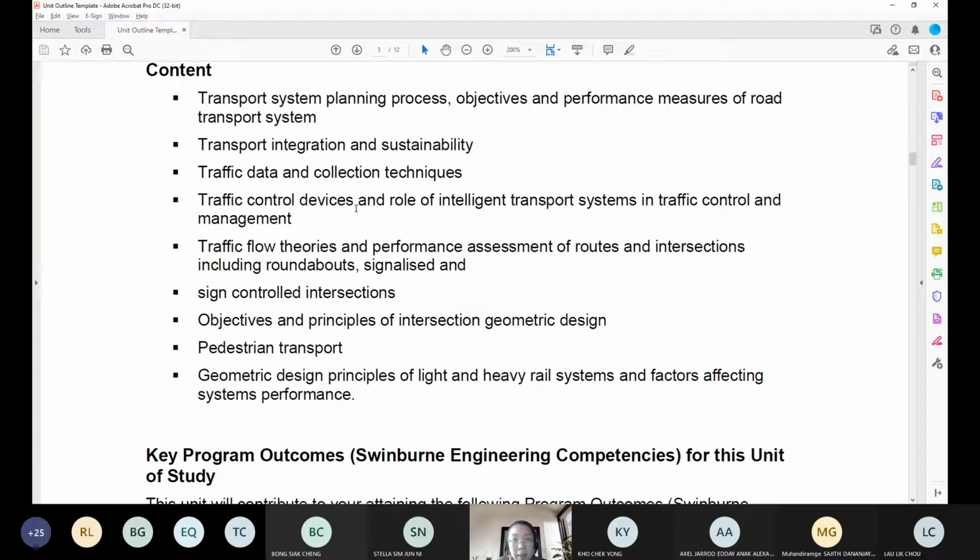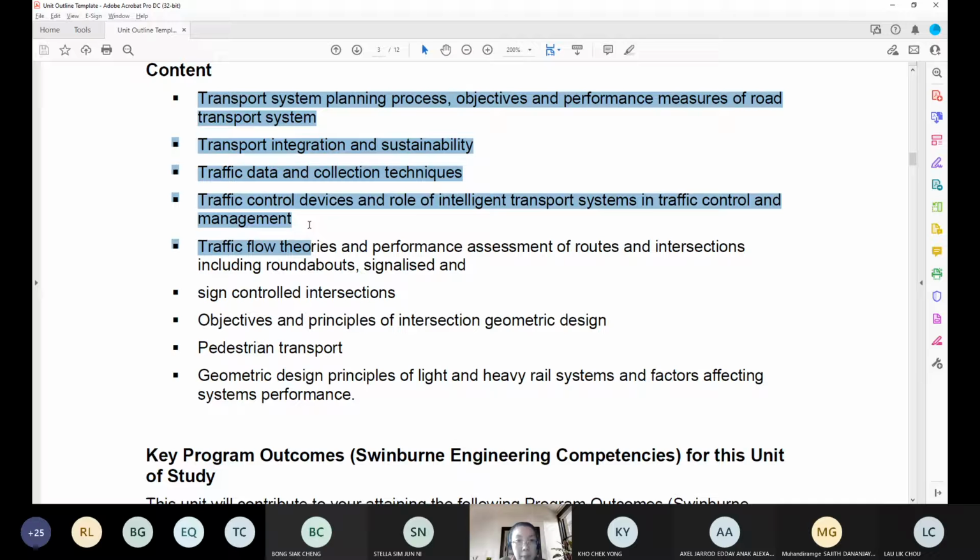Okay, so the content, I think I've mentioned bits and pieces here and there, but if you look at it: transport system planning process, objectives of performance measures of road transport system, transport integration, sustainability, traffic data collection and techniques, traffic control devices, and role of ITS, Intelligent Transport Systems, in traffic control and management.